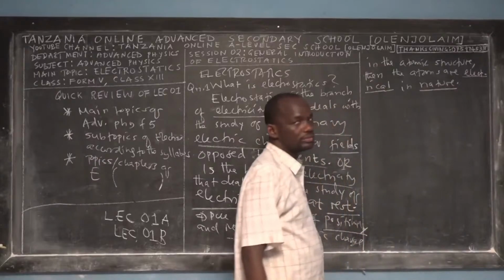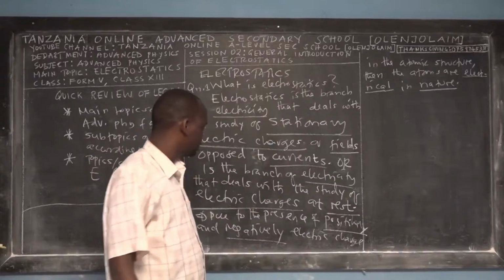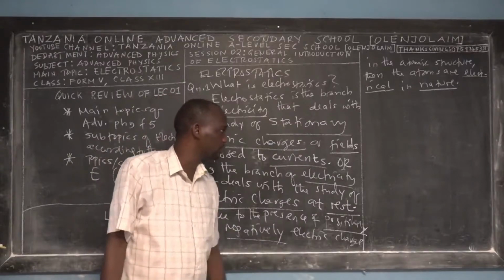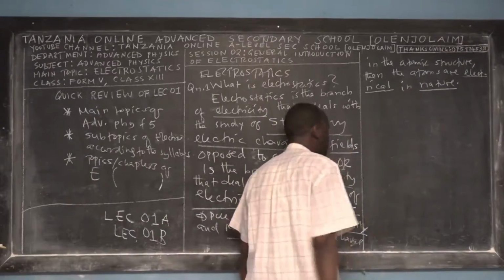That's a fact. That is about atomic structures, because we have many atoms, and we want to know whether a material is a good conductor or a bad conductor, so we want to get the reasons.